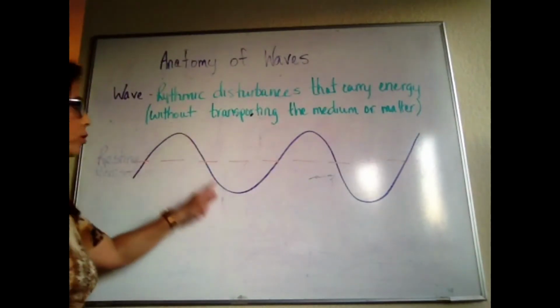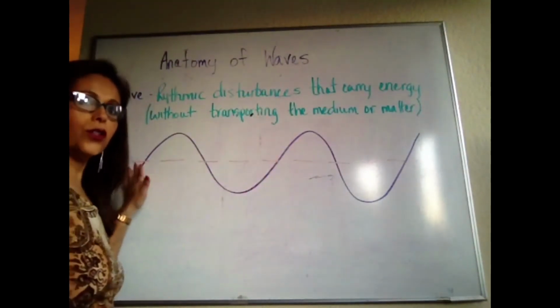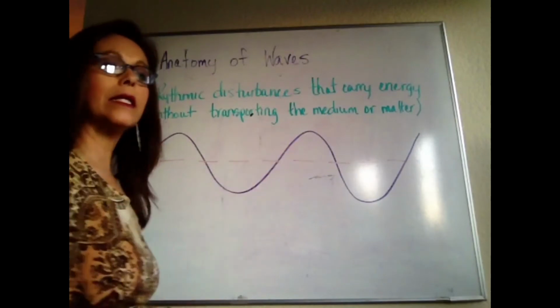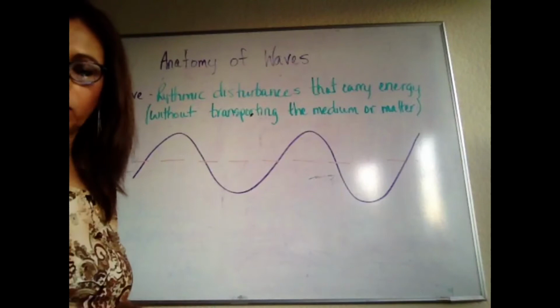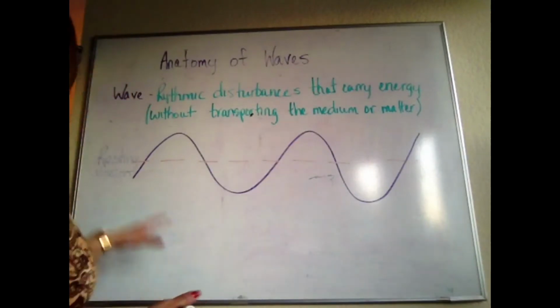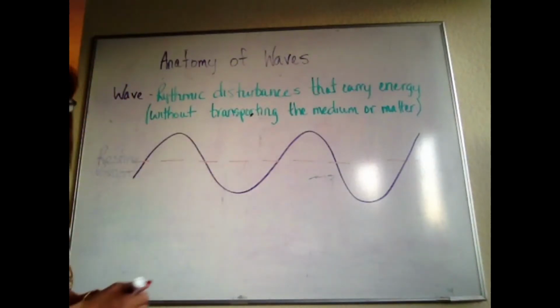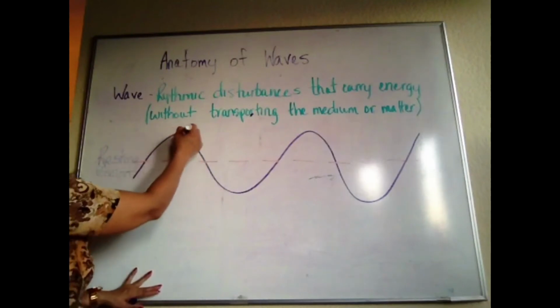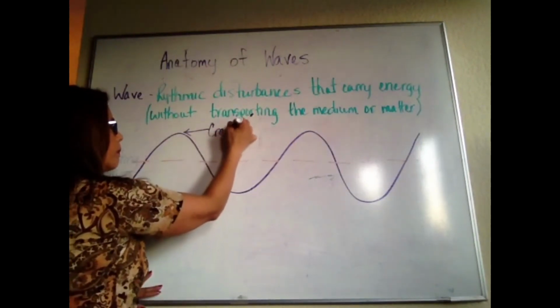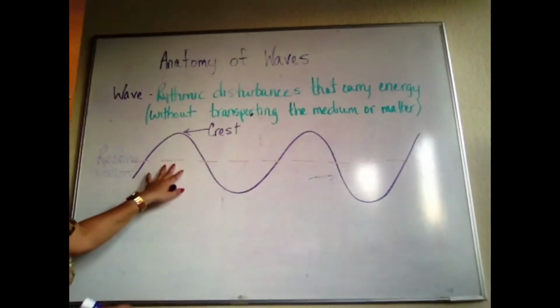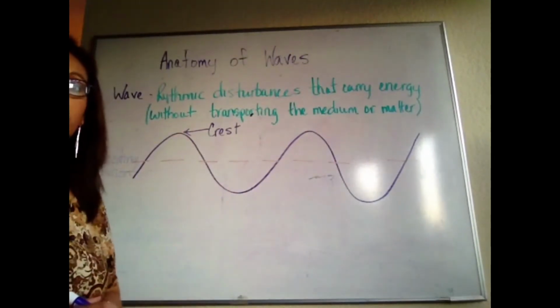Now once the wave starts, as energy starts, the wave starts moving and it makes the medium move and vibrate or have its rhythmic disturbance. And we can identify different parts to this. The highest part up here is called a crest. And that's the highest point in which the medium is disturbed.